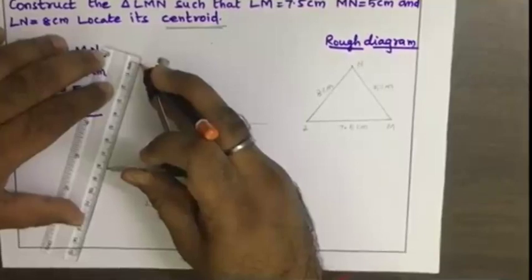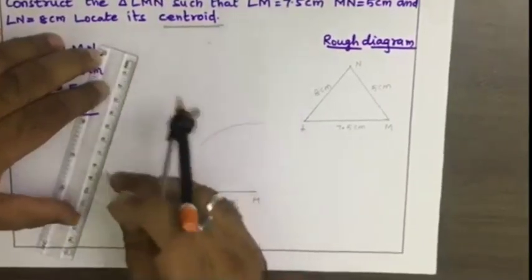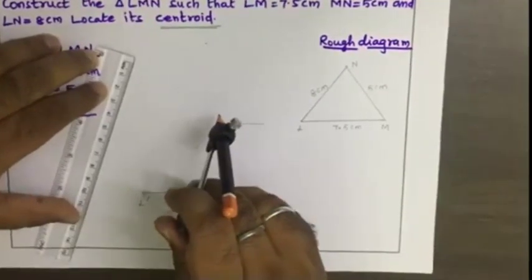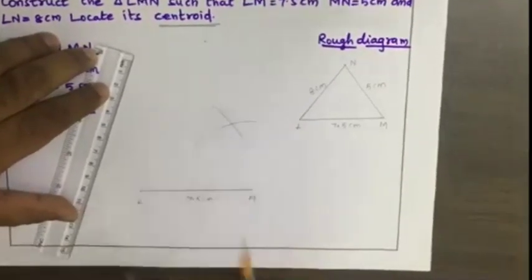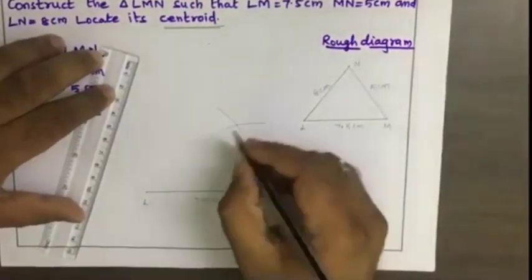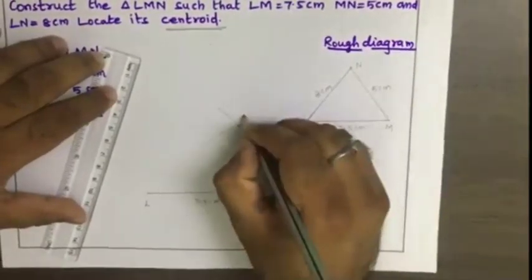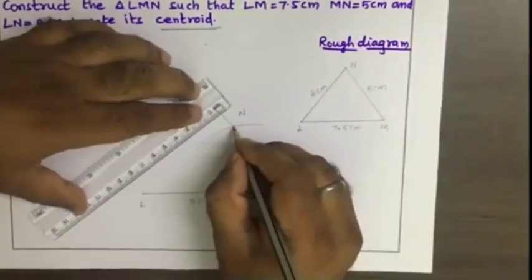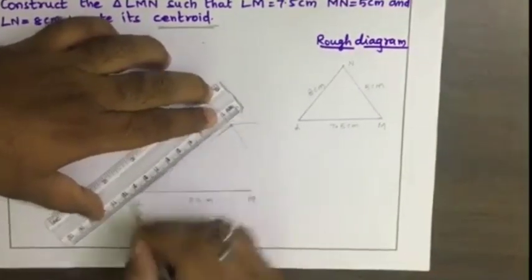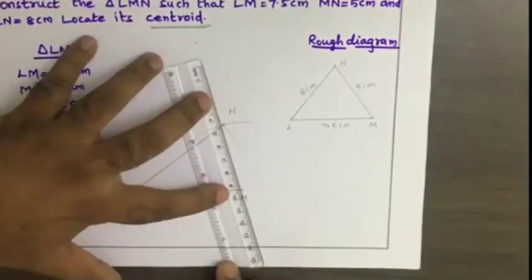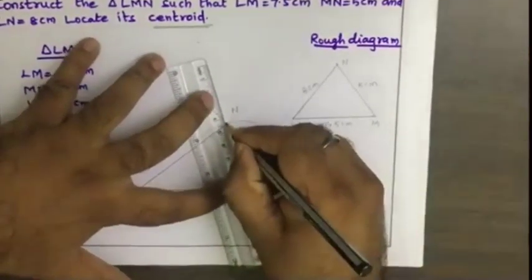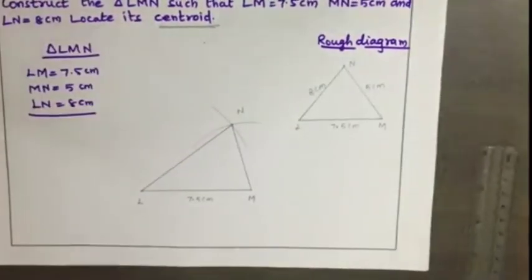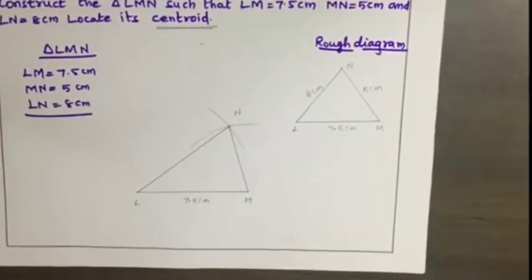Take the measurement of 8 centimeter in our compass, with center point L, and intersect the same arc. The intersect point is N. Now join LN and NM, that is the required triangle LMN.